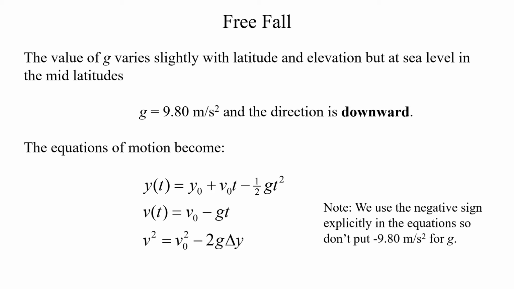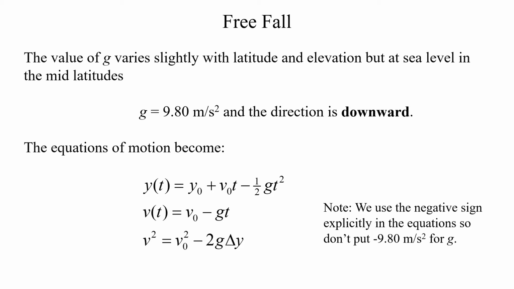Using 9.80 meters per second squared for g and assuming it's constant, then the equations of motion become what's shown here on this slide. The position y as a function of time is our initial position y naught, plus any initial velocity v naught times time t, minus 1/2 g t squared.